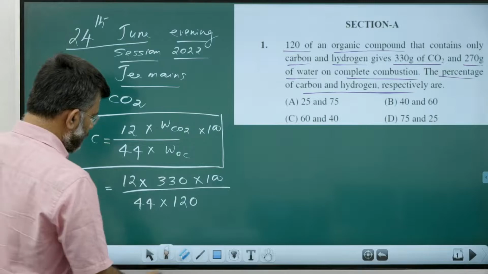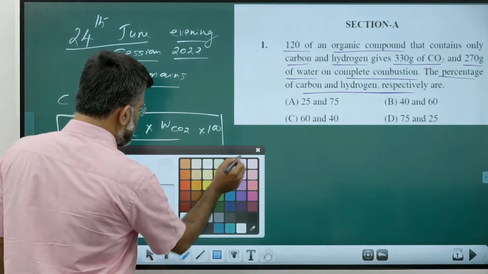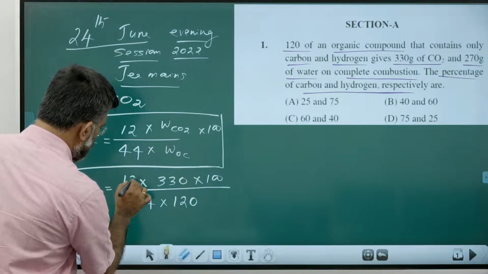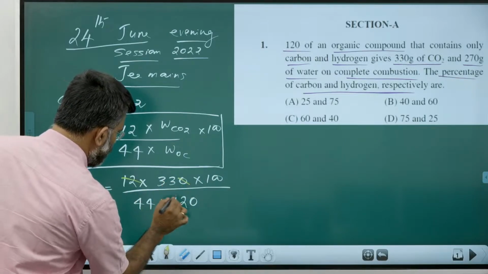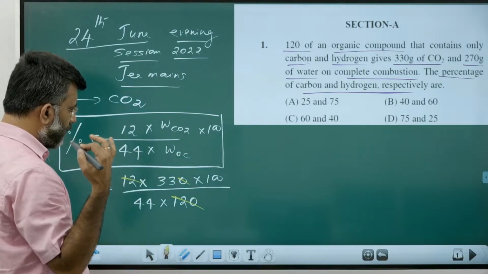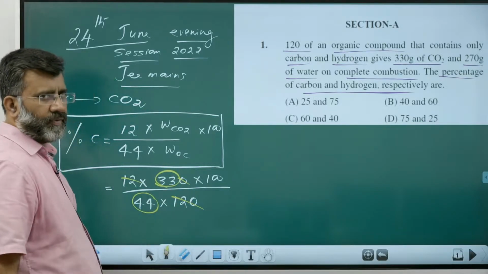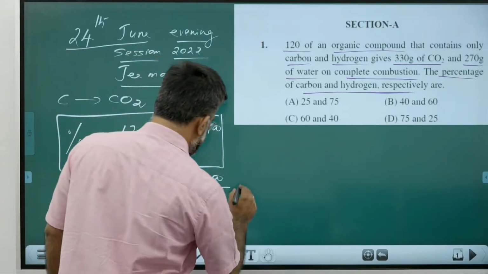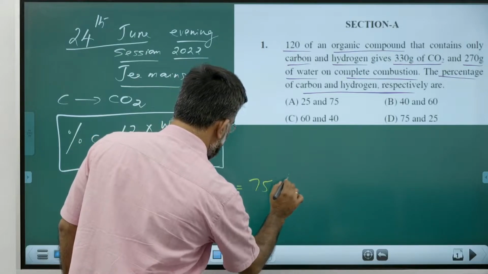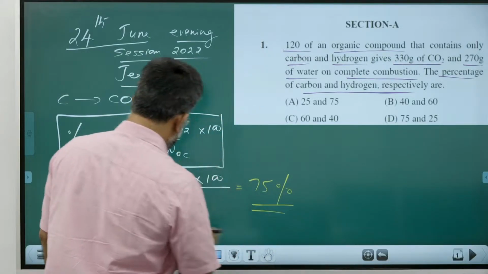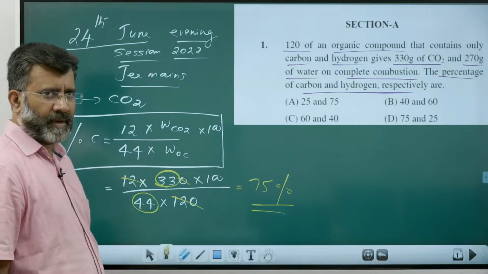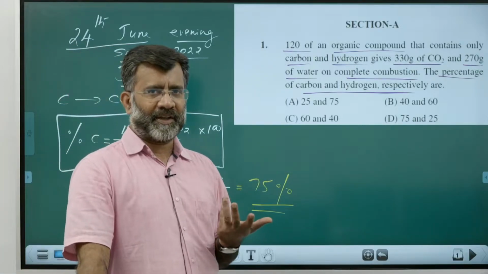You see that? Easily you can cancel 12 with the 120. And you know 33 by 44 is 3 by 4. 3 by 4 into 100, you get 75%. 3 by 4 means 75%.